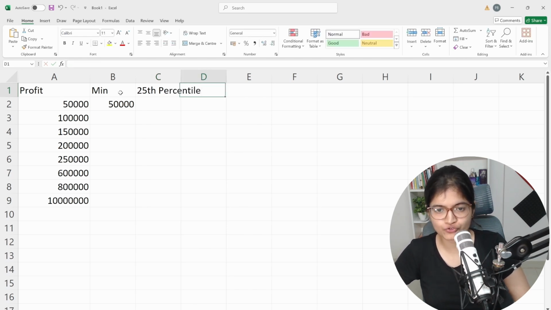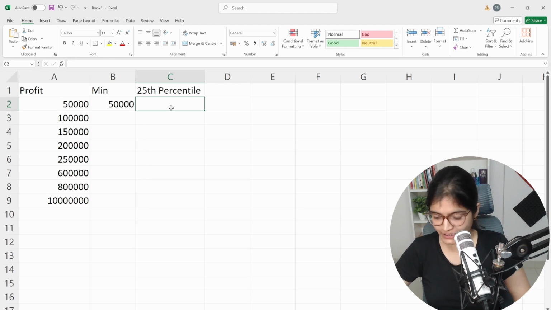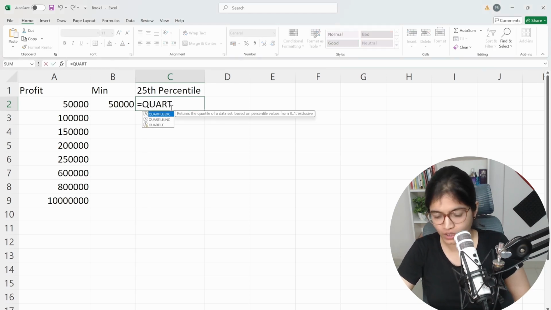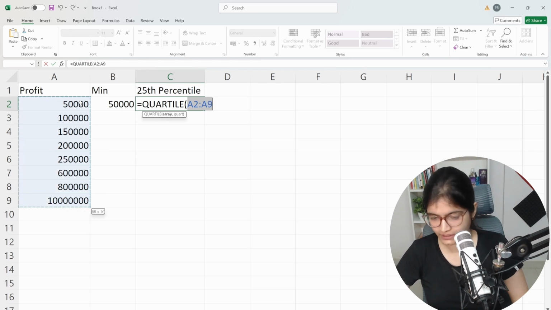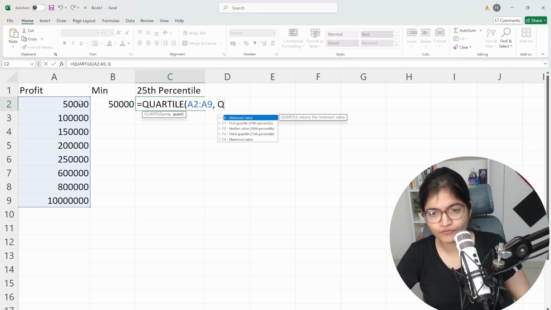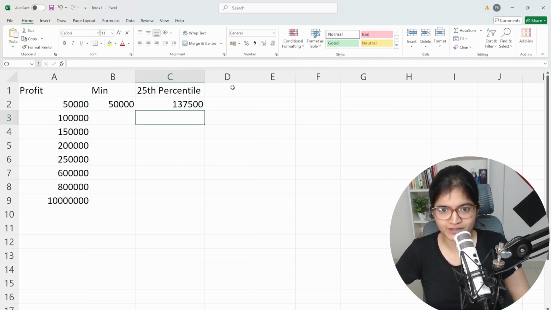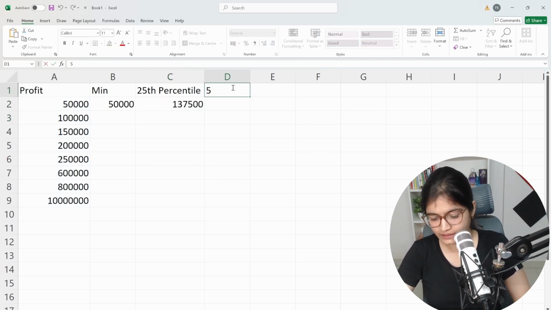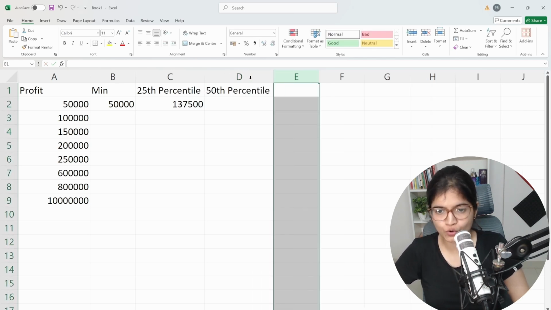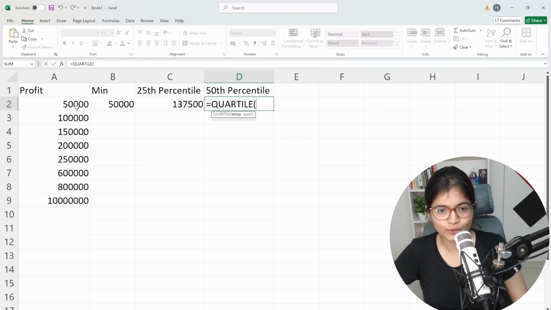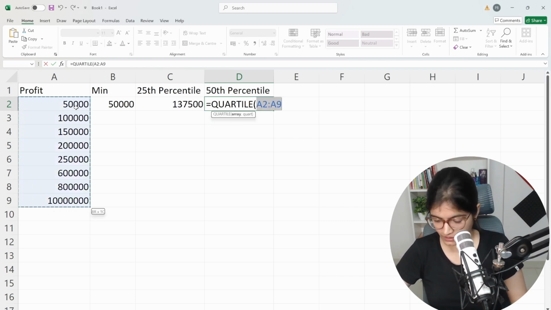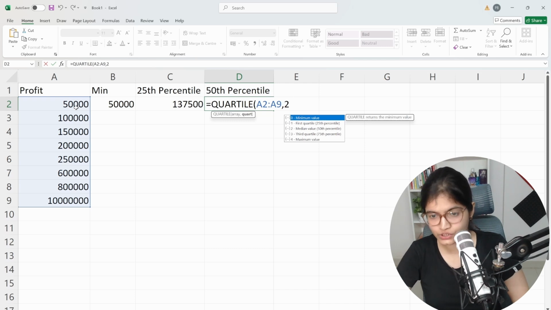If you want the 25th percentile, what you are supposed to do over here is mention equal to quartile, and here provide the range and then mention the value 1. This will provide you the 25th percentile. Similarly, if you want the 50th percentile, you can say equal to quartile, and similarly pass this range, and then say I want 2.